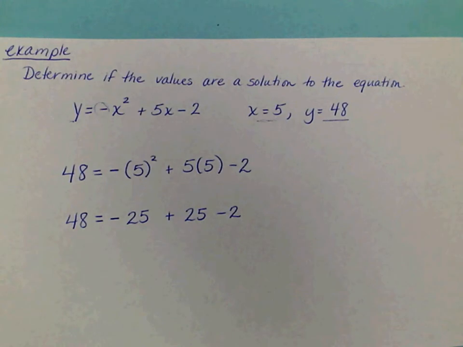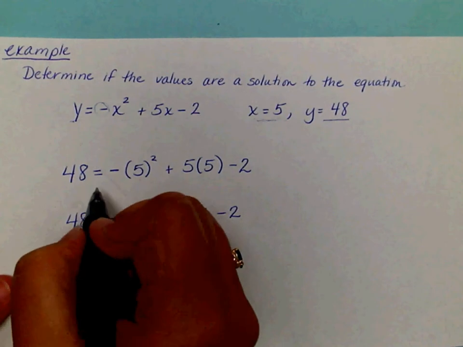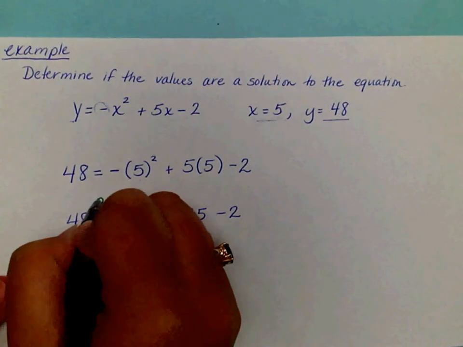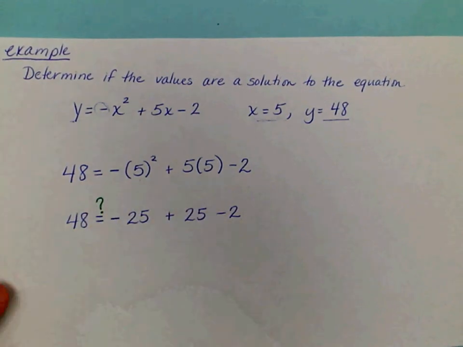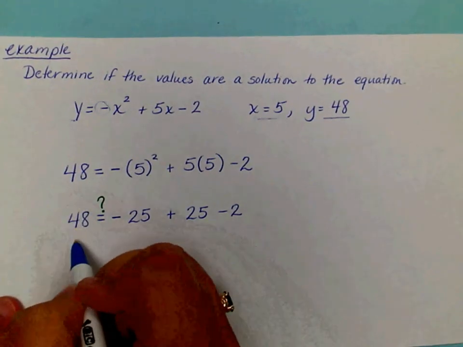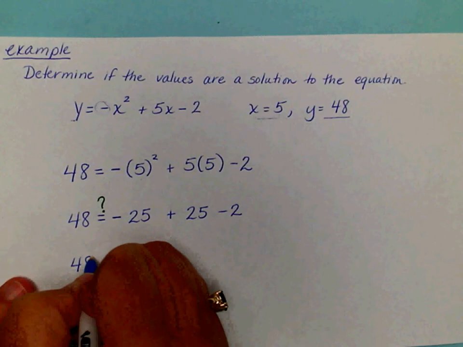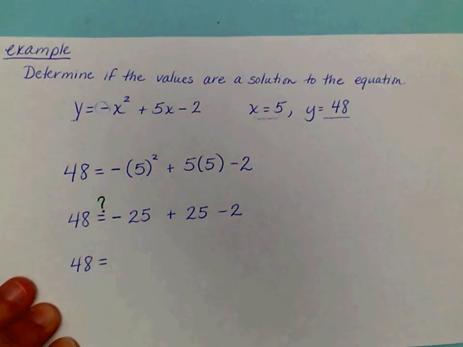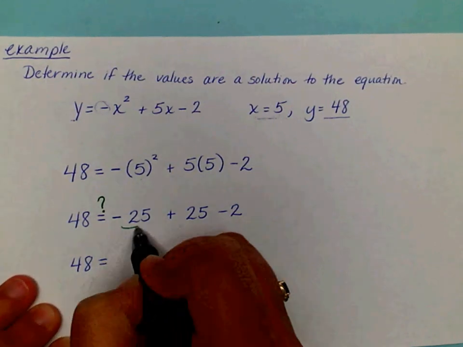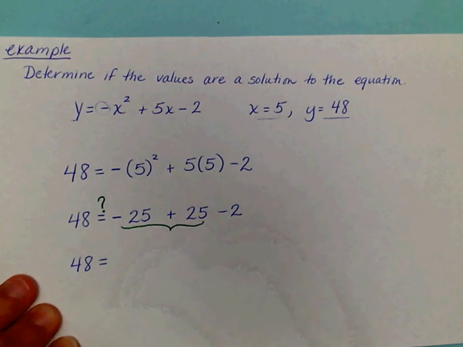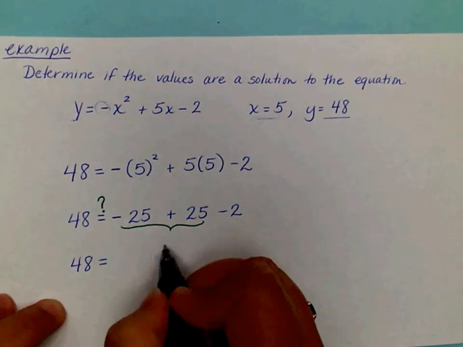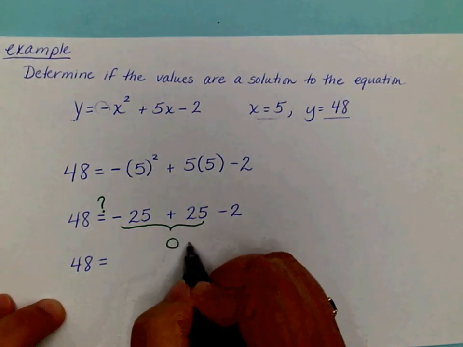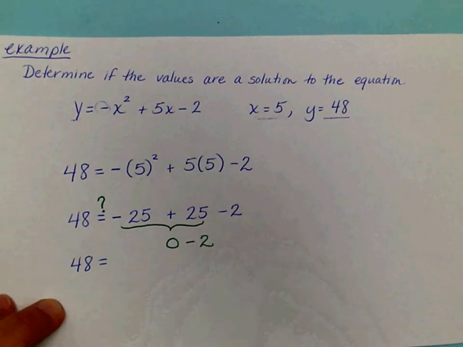Now we're trying to figure out if these values are actually a solution or not. So right now we have this little question mark over here. Are these two sides really equal to each other? So let's see. Bring down our 48, bring down our equal sign, and what happens if we take negative 25 plus 25? That's actually 0. So now we have 0 minus 2 sitting on that right-hand side.